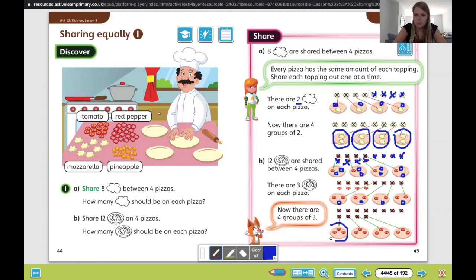So that's a group, that's a group, and I'm circling them to make it really clear. That's a group, and that's a group. How many groups are there? 1, 2, 3, 4. And how many are there in each group? We know there are 3 in each group. So there are 4 groups of 3.